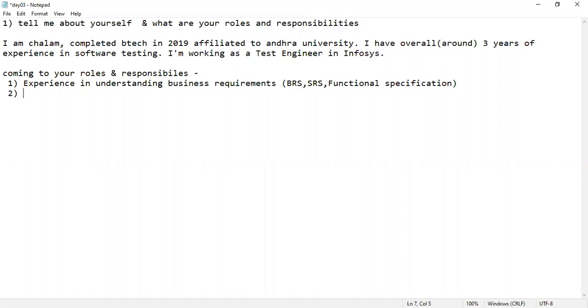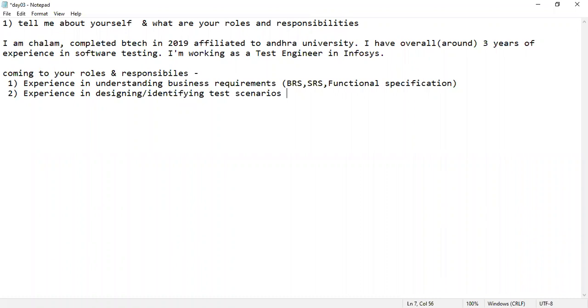The next one, experience in designing or identifying test scenarios. Test scenarios are nothing but, let's say you want to validate a mobile. One scenario is to validate whether the power button is working or not.